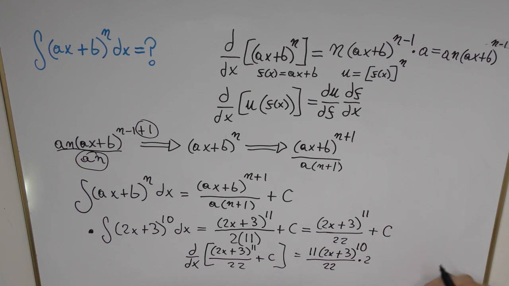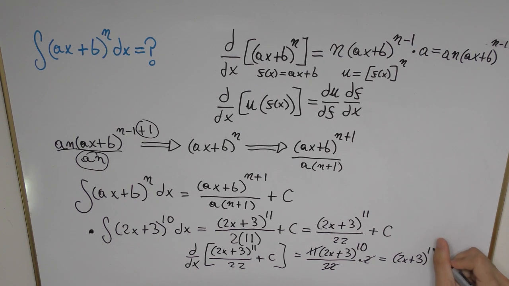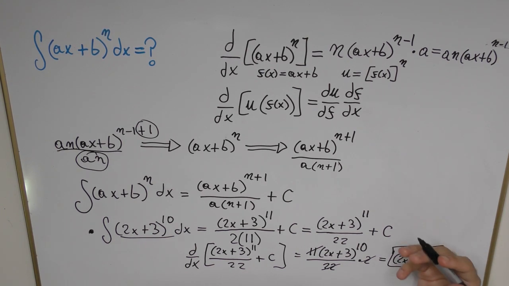And the constant c, as before, is just going to become 0. So now when we multiply 2 times 11, that becomes 22. So these two terms are going to cancel out. And we're going to be left with 2x plus 3 to the power of 10, which is the same function we started off with. And that's how you apply integration to a binomial function to any power n.